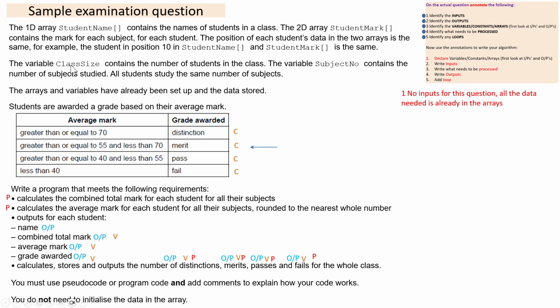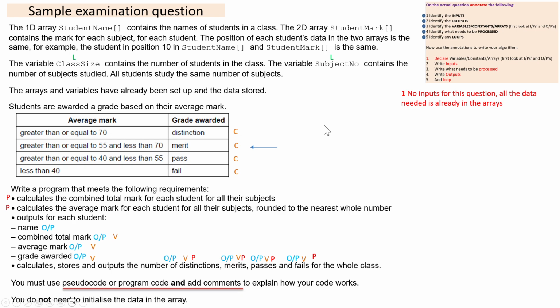But it does say the variable class size contains the number of students, so that will be our first loop. Also, because we're working out the average grade based on the number of subjects they do, this will also be part of a loop. Subject no contains the number of subjects studied, so we're going to need to repeat those as well. Okay, so that's everything annotated.